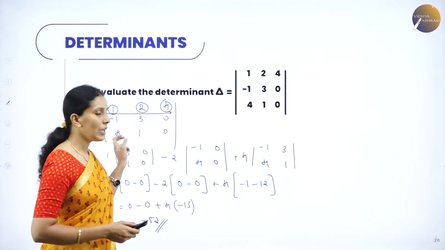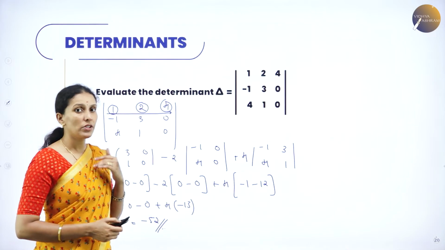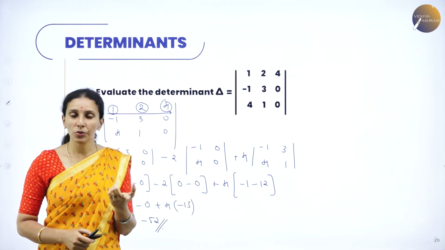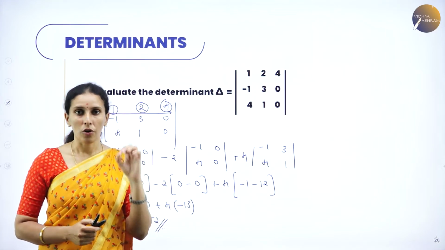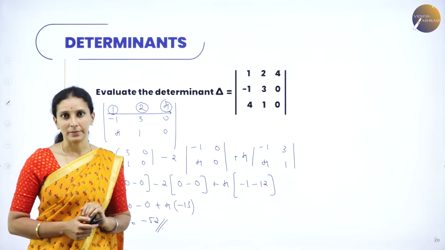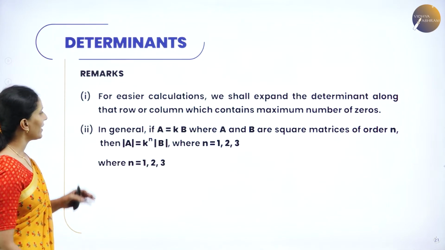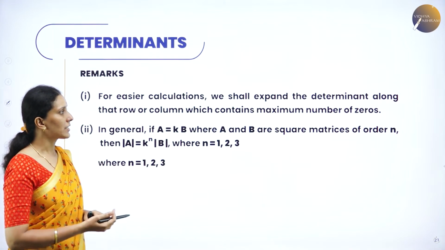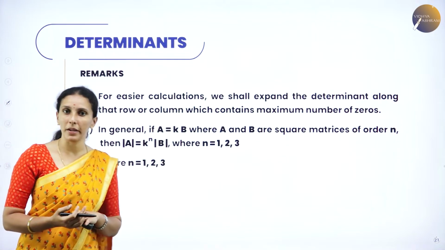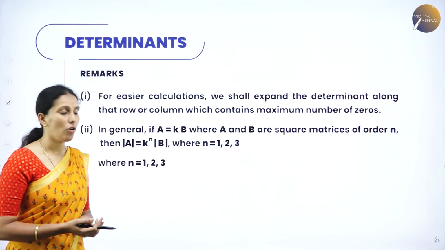You can use any row or any column. Suppose you have more zeros in any row or column, then you should use that particular row or column, because as I said, the simplification will become easier and faster. For easier calculation, we shall expand the determinant along the row or column which contains the maximum number of zeros, which I have already said.